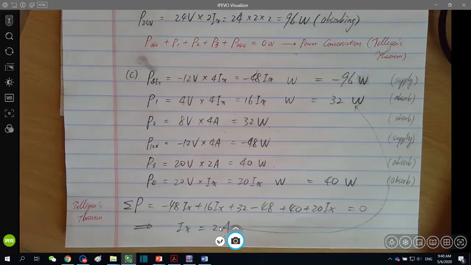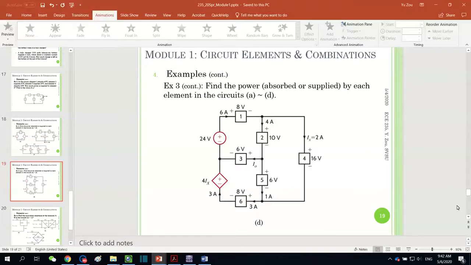So you can find Ix at the end and substitute this resolved Ix value back to each power and then to obtain the specified numbers. Okay, so please try them over and come back to check the solution yourself. And in the circuit D, last one, we basically follow the same idea to find each element's power by voltage times current and trying to match the passive sign convention.